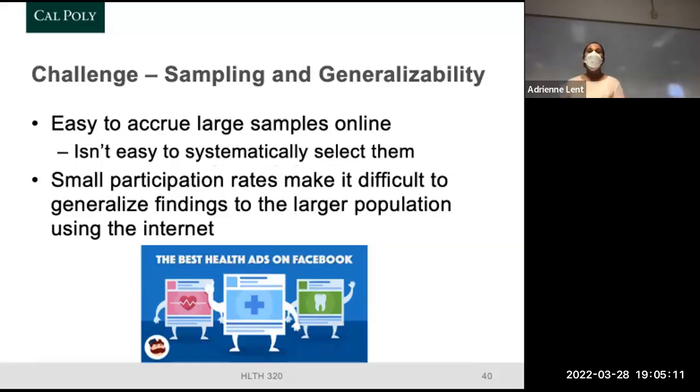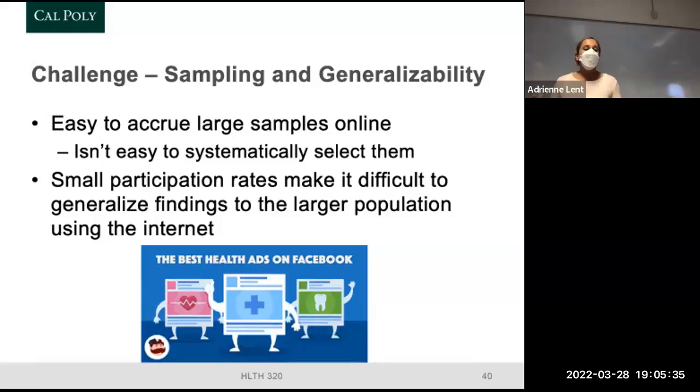So you might be trying to recruit a very specific portion of the population, but it's really difficult to systematically select those individuals into your program, into your research study, and you can get biased samples that may not represent your target population that you're trying to engage in your technology-based program.